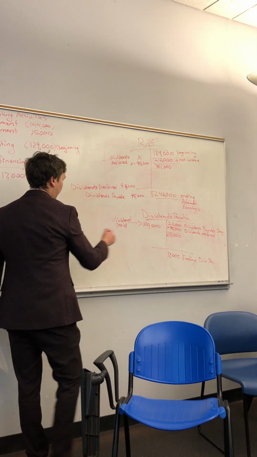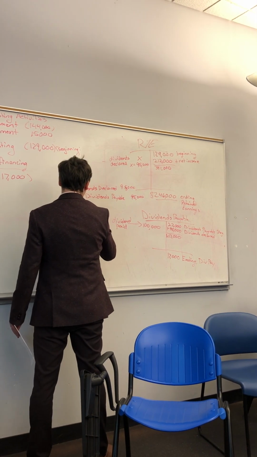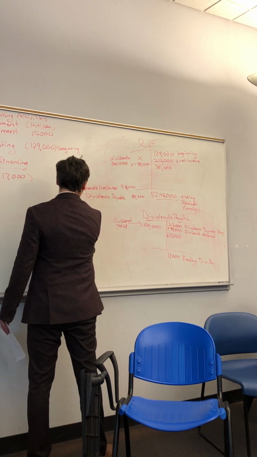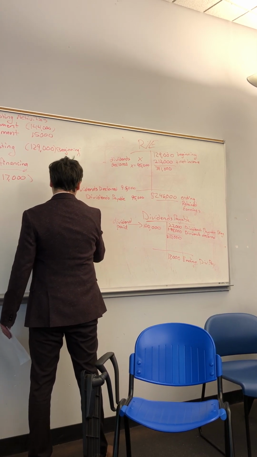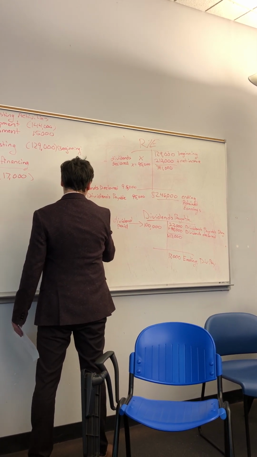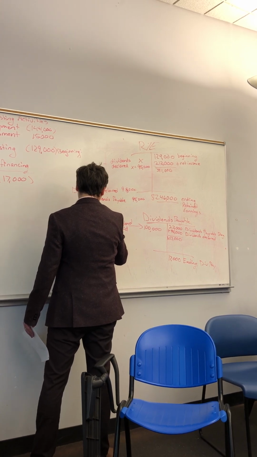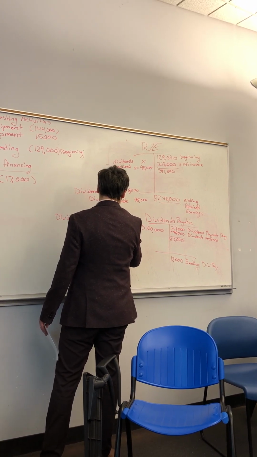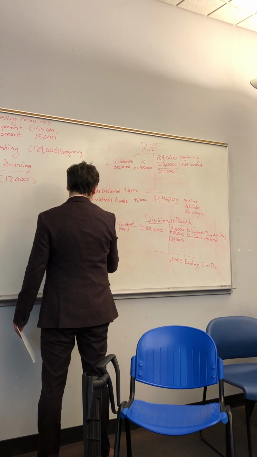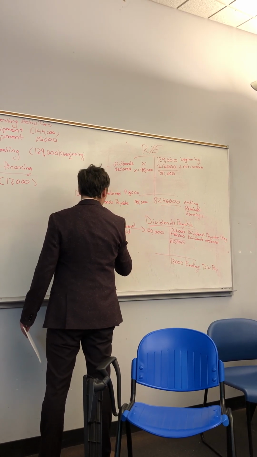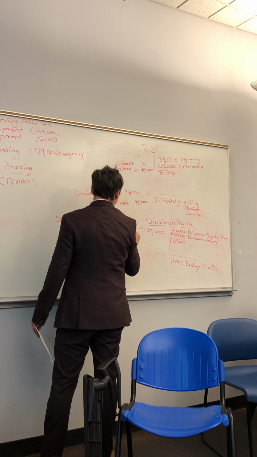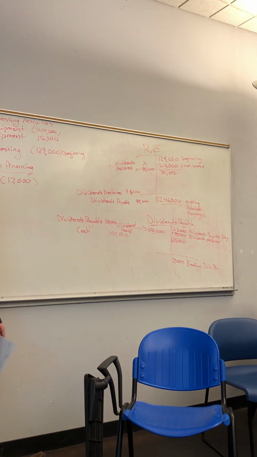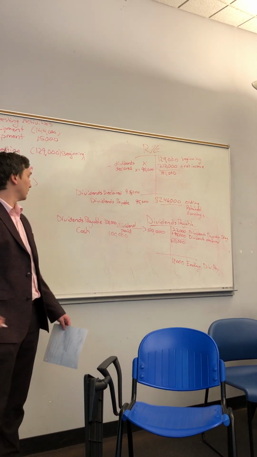So the journal entry for that: we debit dividends payable 100,000, and we credit cash for 100,000, because we're paying that dividend out now with our cash balance.